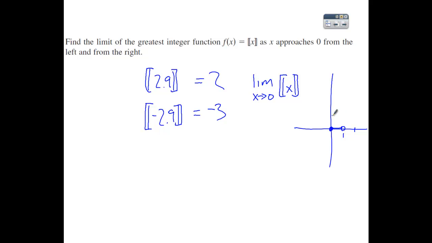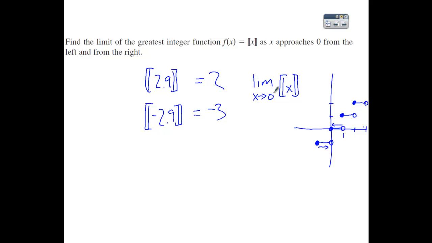And then I jump up to 1 here and I continue, and it's going to look like a staircase. And then down here I'm going to have an open circle here at -1 and then a closed circle. So as I approach from the left, I'm approaching -1, and as I approach from the right, I'm approaching 0.